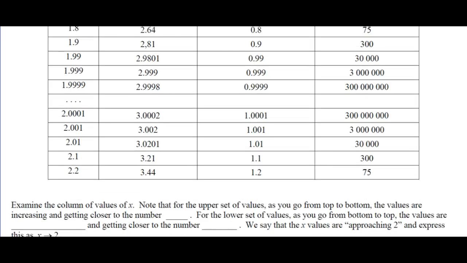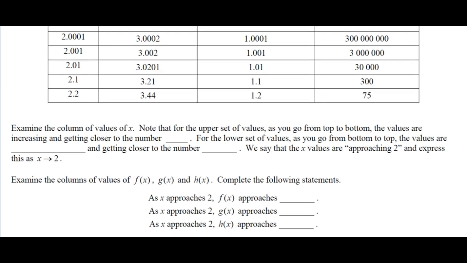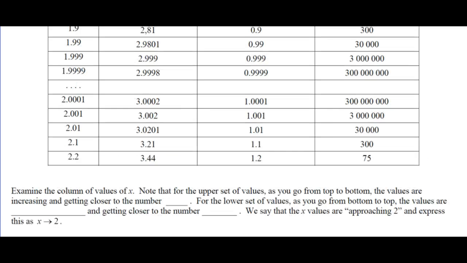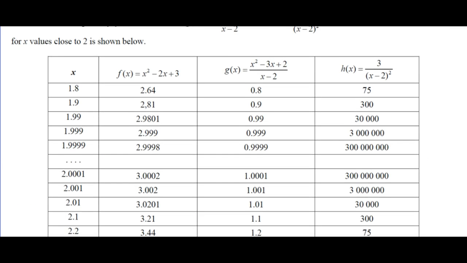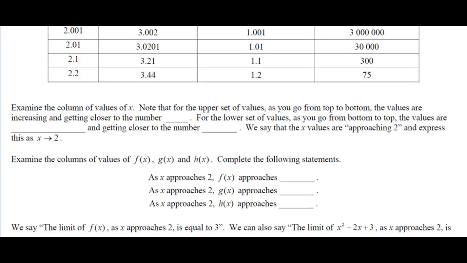What we are asking ourselves is, if you examine the columns of table X, you'll note that for the upper set of values, as you go from top to bottom, the values are increasing and getting close to the number 2.